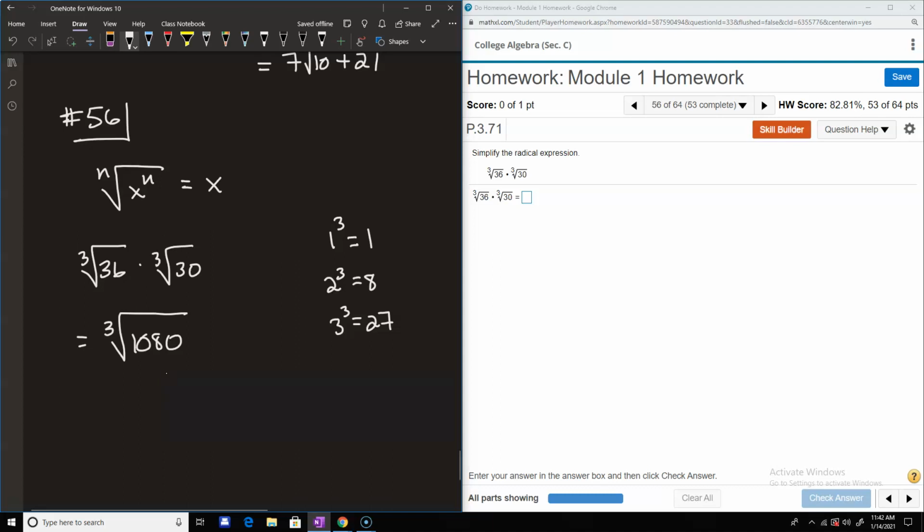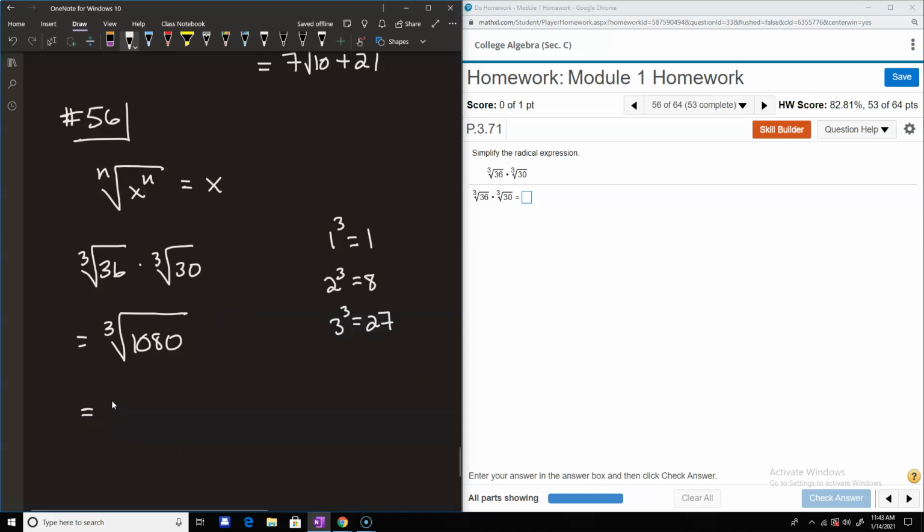Maybe the easiest way is to do a factorization tree. I don't want to do something that's too difficult. I mean, you could check whether this number is divisible by 8, and it is. And you can also check if it's divisible by 27, and it is as well. So maybe that's one way to do it.